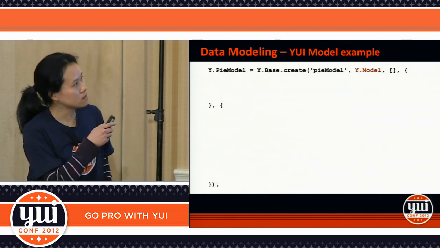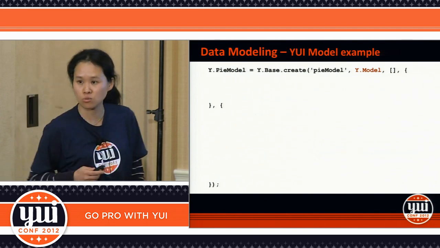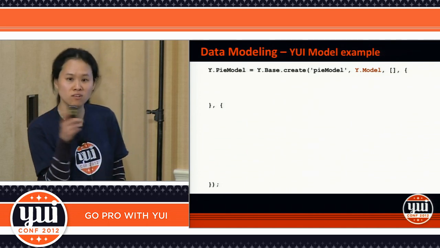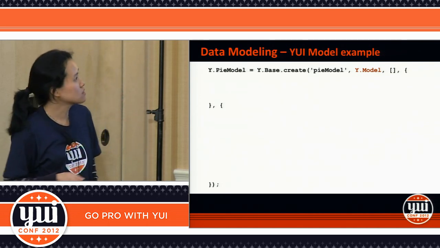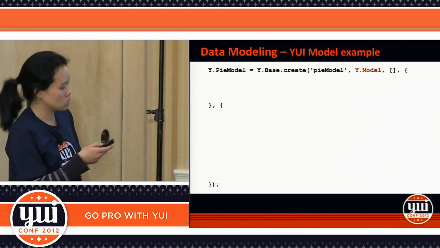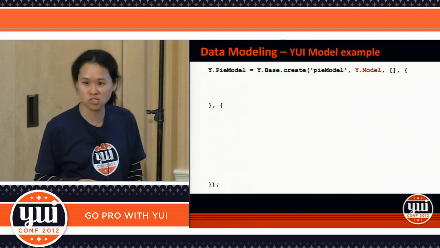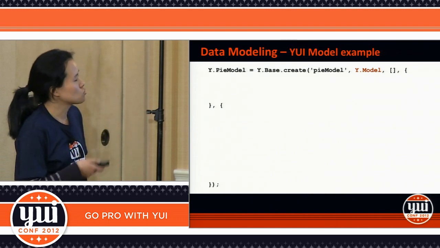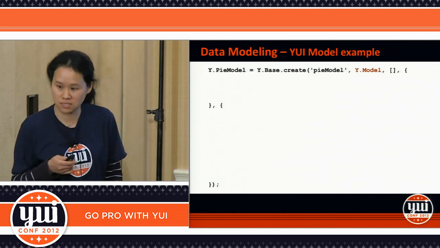In the next couple of slides, I'll just show you a quick example of how YUI model works, because I see a couple of people have not used it before. So this example, I just got it from the YUI site. Basically, what you're doing here, Y.Base is the cornerstone of most of YUI. So use Y.Base to create a model called PieModel based on Y.Model. It's a base class.